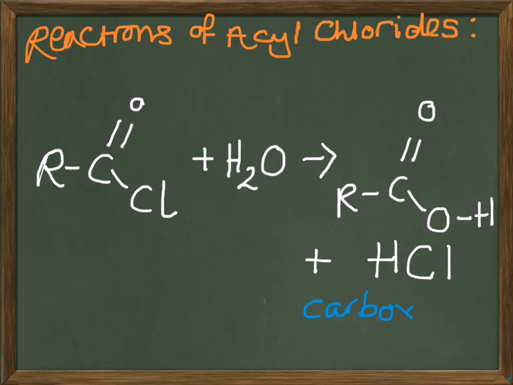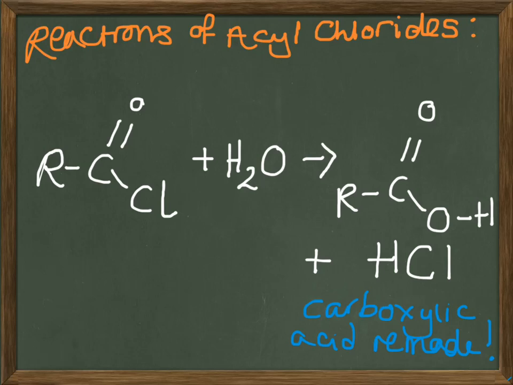You just add water to the acyl chloride and you will remake the carboxylic acid. You'll also produce HCl vapor gas. So you'll see a fairly vigorous reaction. So that's one that you need to learn. It's on page 2 in your notes, so fill that in.